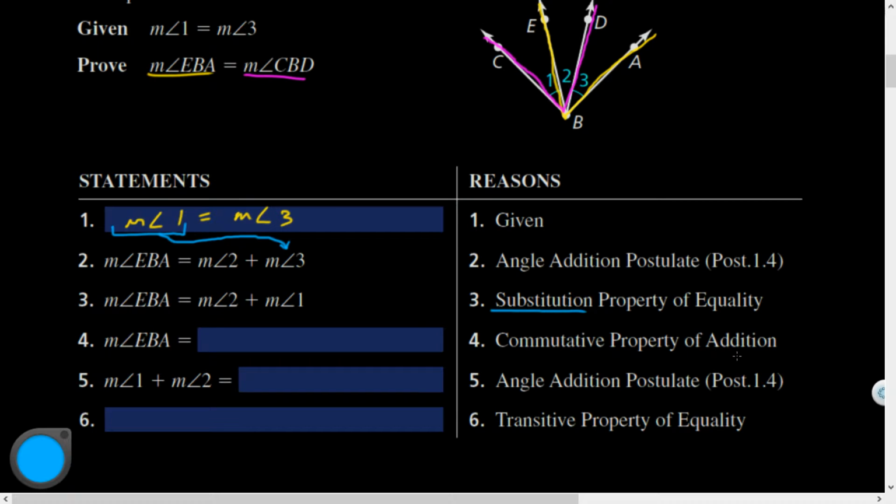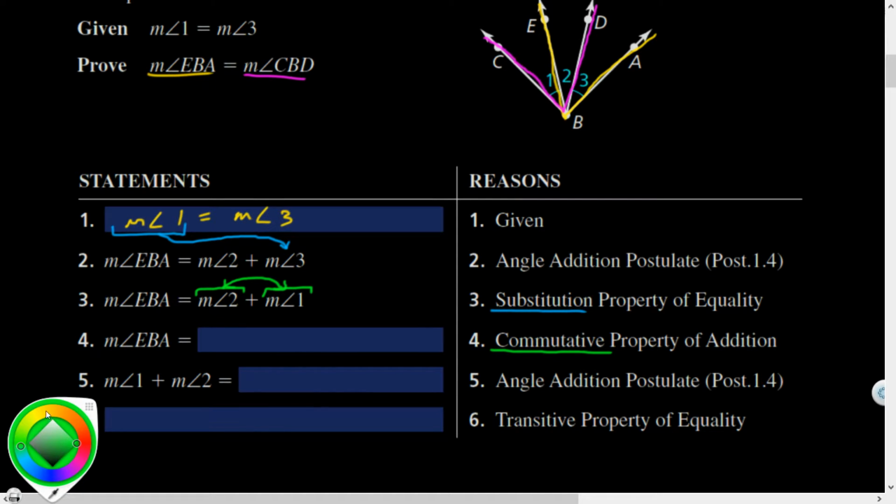Okay, so now let's see. Commutative property of addition. Anyone know what the commutative property of addition says? Basically, it says that if I'm adding two numbers, I can add them 1 plus 2 or 2 plus 1. So let's swap it around here, friends.